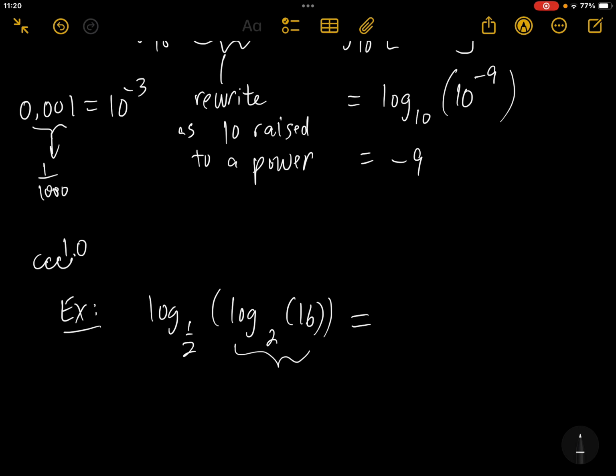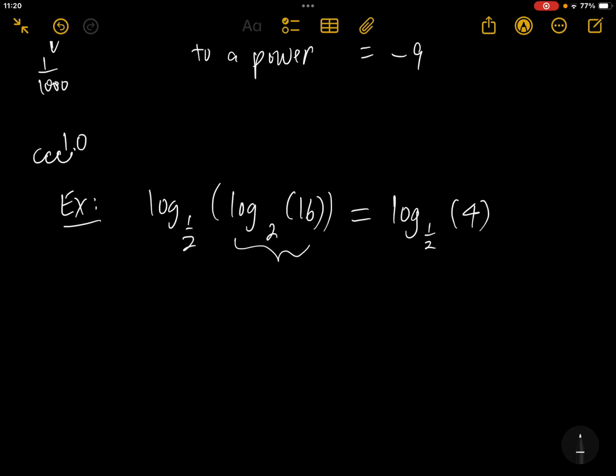So log sub 2 of 16 is 4, because 2 to the 4th power is 16. Now we have to figure out what log sub 1/2 of 4 is. Remember, if you want to think about it in terms of exponents, it's a good idea to call this number x and rewrite it as an exponent equation. So 1/2 raised to the x power is 4.